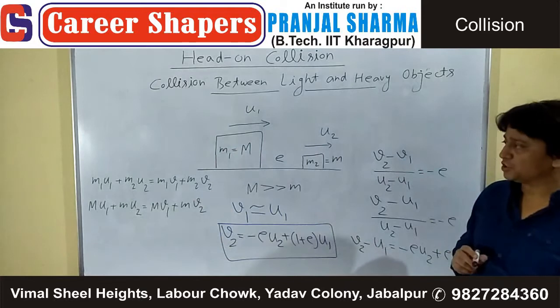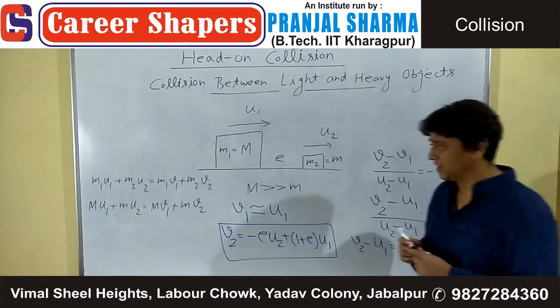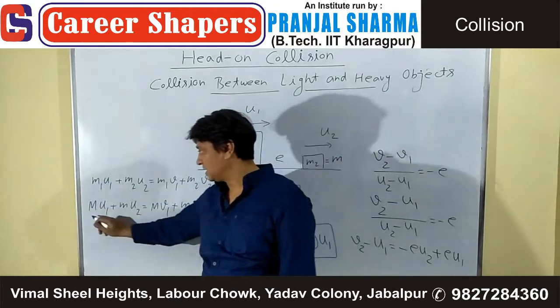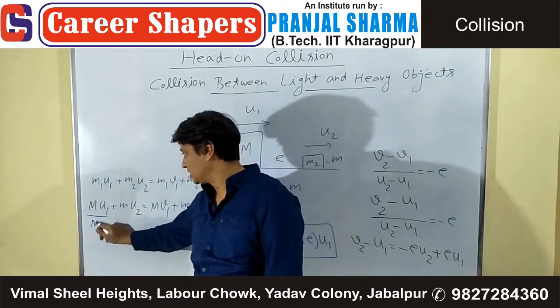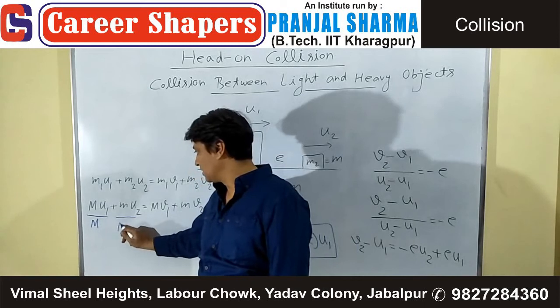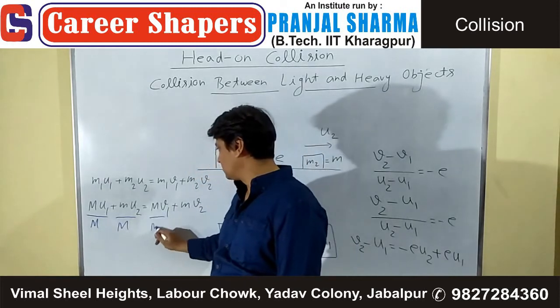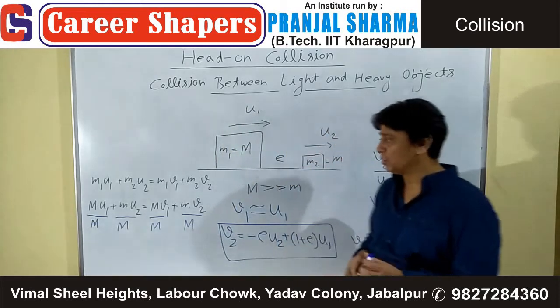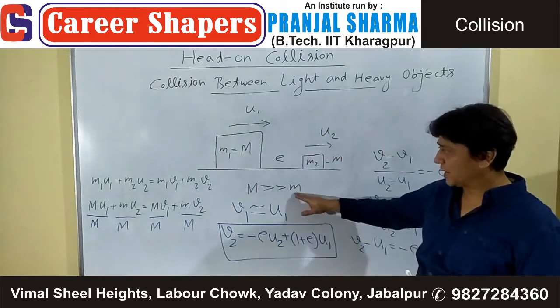This is how we have arranged this. Then what we did, after you write this equation, divide each and every term with capital M. Now, why divide this whole thing with capital M? Look at this.